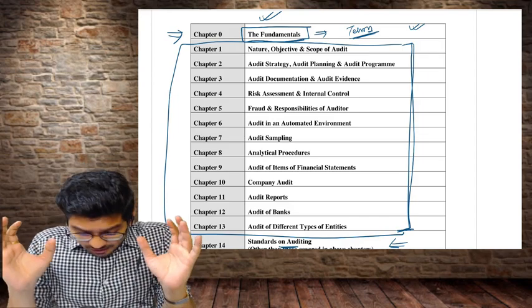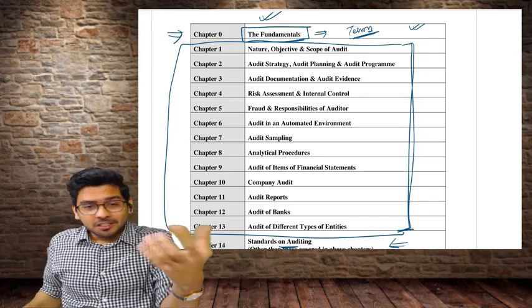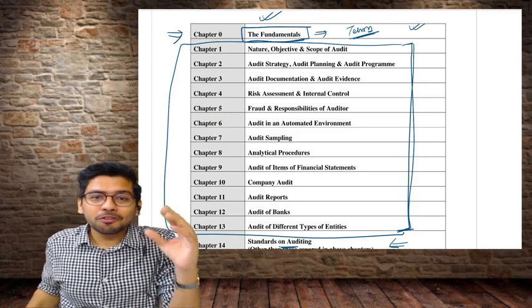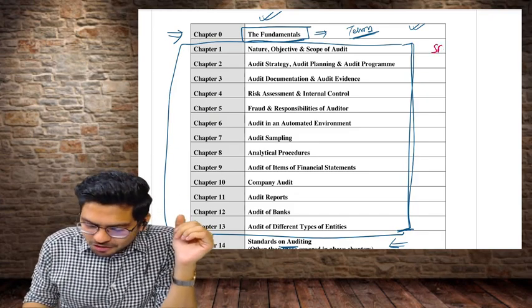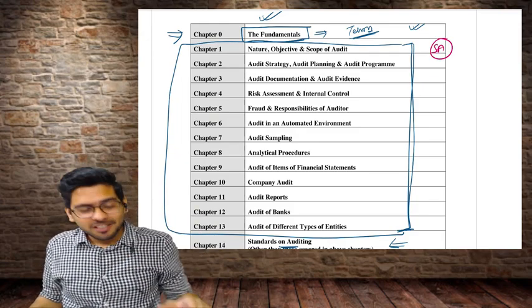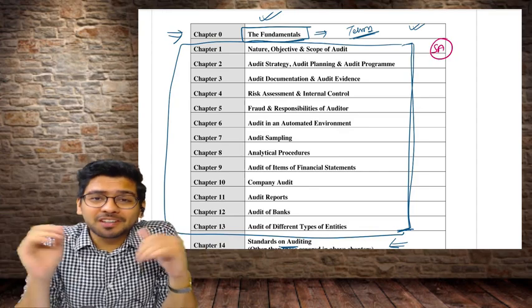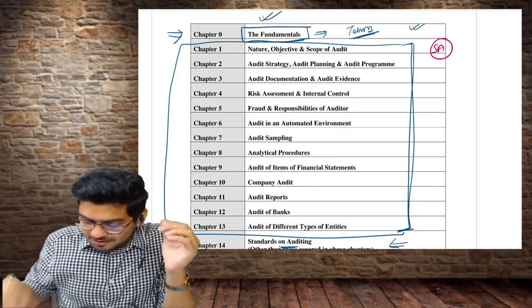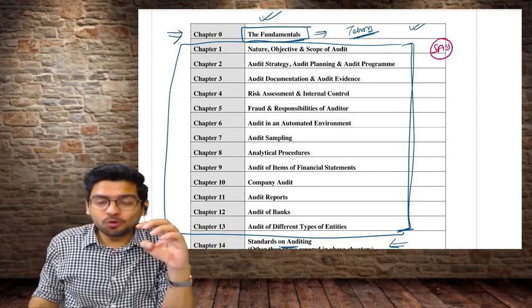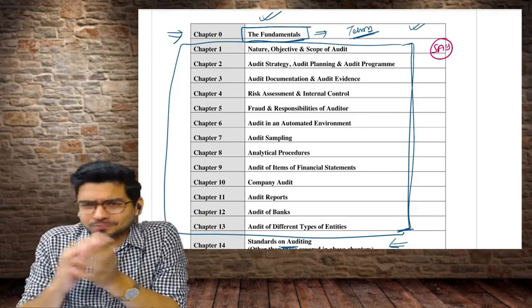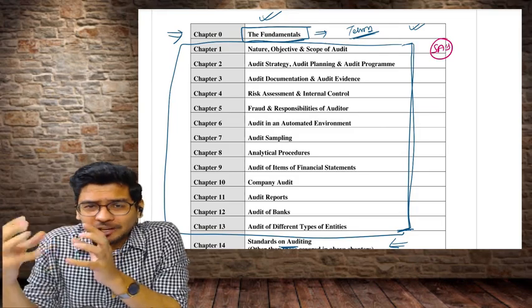Okay, and if you talk to your seniors, if some old batch students are also there, they'll tell you that standards on auditing are very dangerous. You have to cover at least 35-36 standards, and students generally tend to study these at last, or tend to ignore this topic.